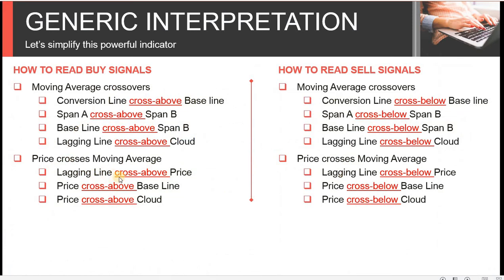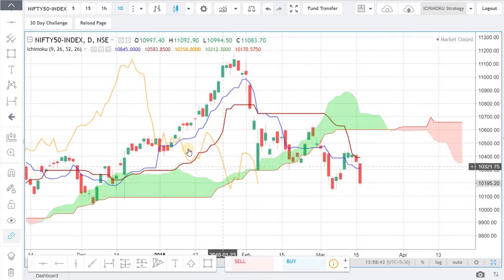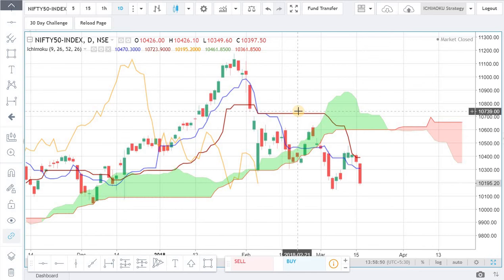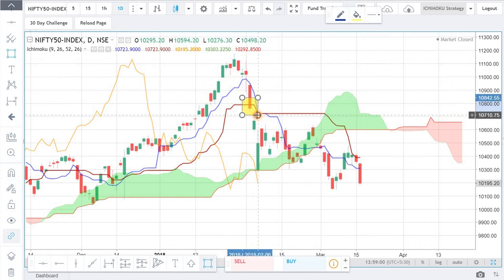Okay, so that is one. Then price crossing above baseline is a little stronger, I think. Why? Because baseline is the second strongest support and resistance in Ichimoku, the strongest being span B. So anytime the price crosses below baseline, it is a bearish indication.